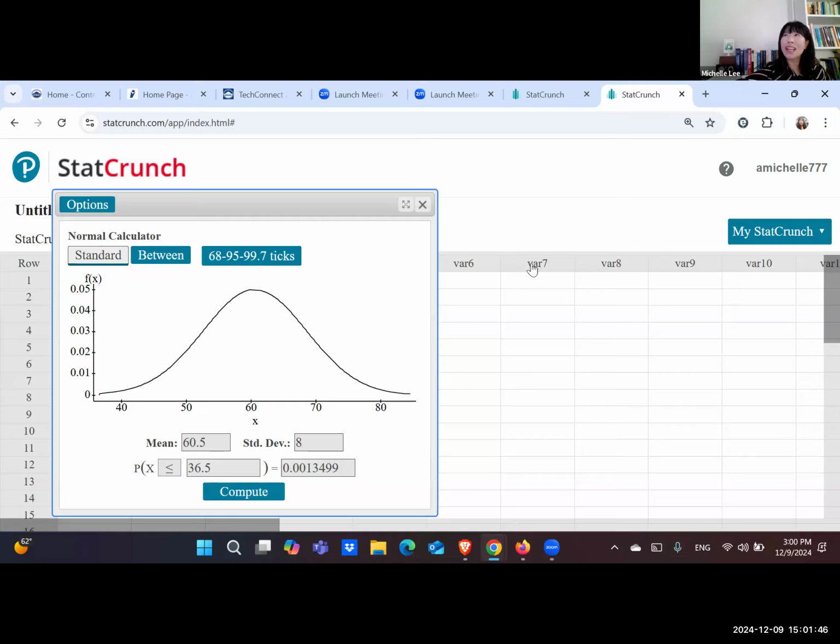What's the percentage between 8 and 62? So I click between, then I click the 8 and 62, like the empirical rule.